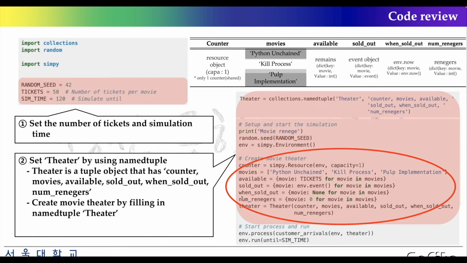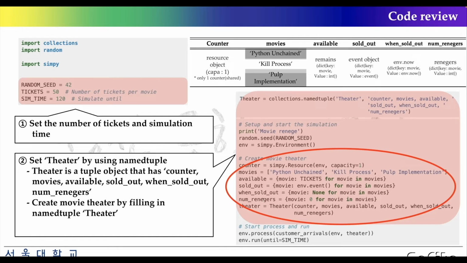And also the when sold out variable is also defined as a dictionary variable. In this variable, we save the time when the relevant movie's tickets are sold out.